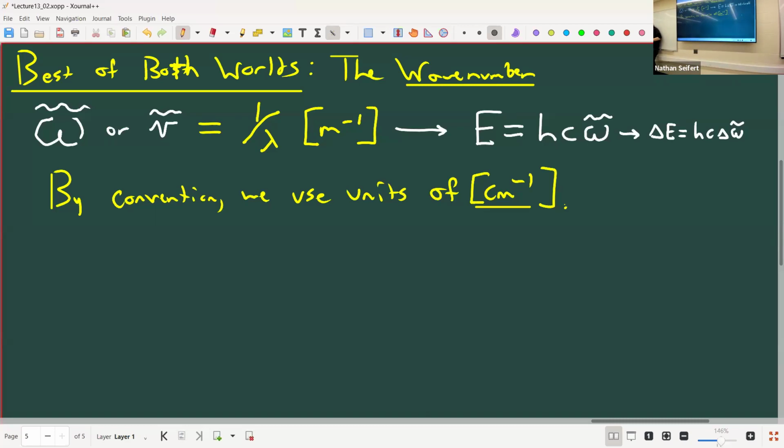But there's a reason why we choose centimeters. In terms of where spectroscopy tends to operate, centimeters is the right choice. It's spectroscopically very convenient.